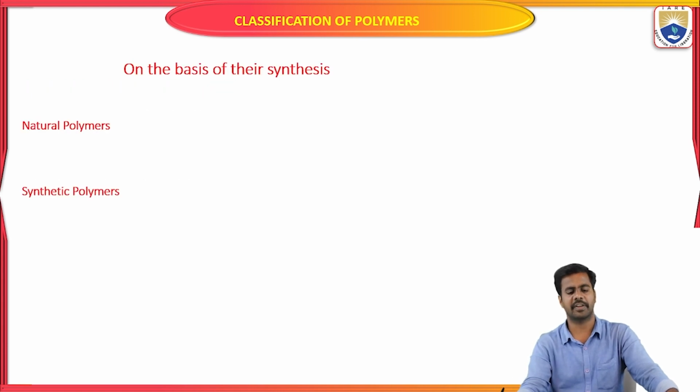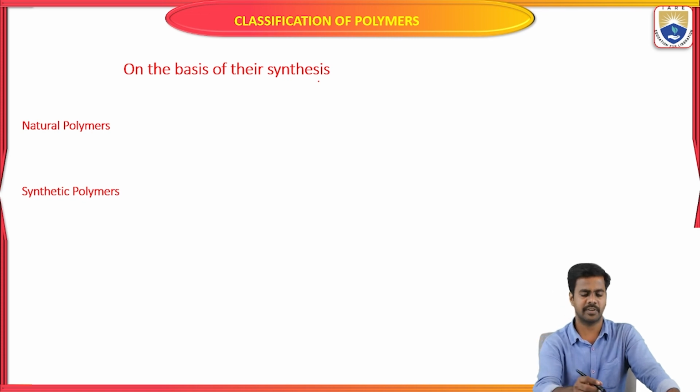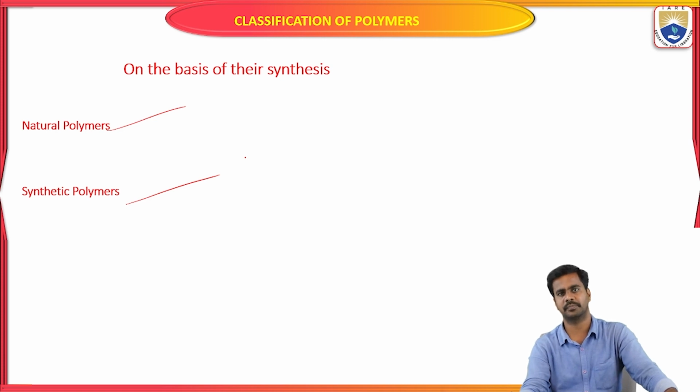And next type of classification is on the basis of their synthesis. Depending on the synthesis, polymers are again classified into natural polymers and synthetic polymers. In natural polymers, there is no particular synthesis. Natural polymers are synthesized by natural procedure.